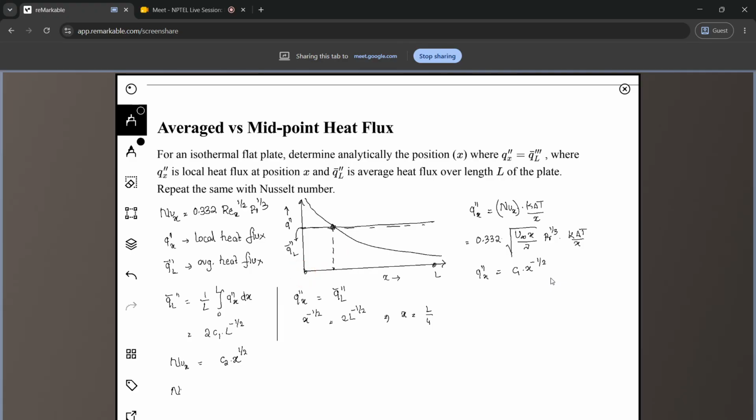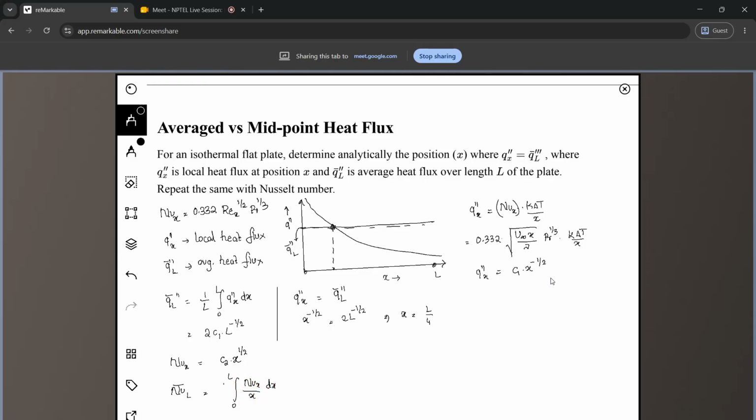And the mean Nusselt number is given by, this is the only difference that needs to be highlighted here. The mean Nusselt number is defined in this particular fashion, where you have to integrate the Nusselt number divided by x dx. This is coming from the fact that you have to use the local heat transfer coefficient.